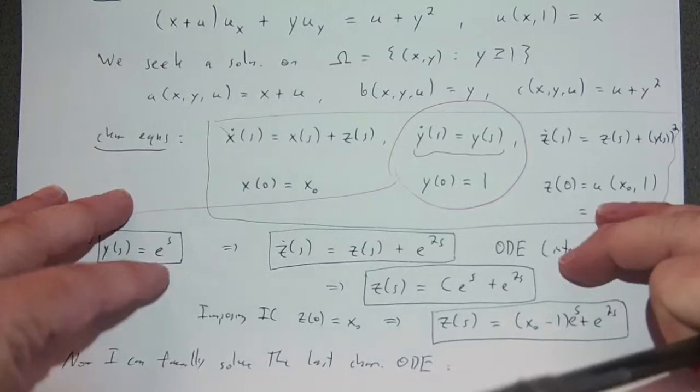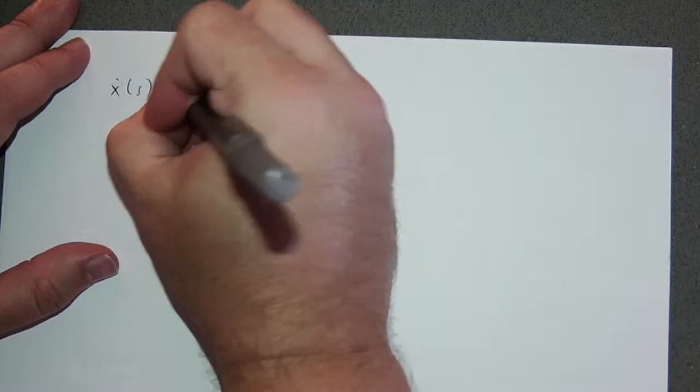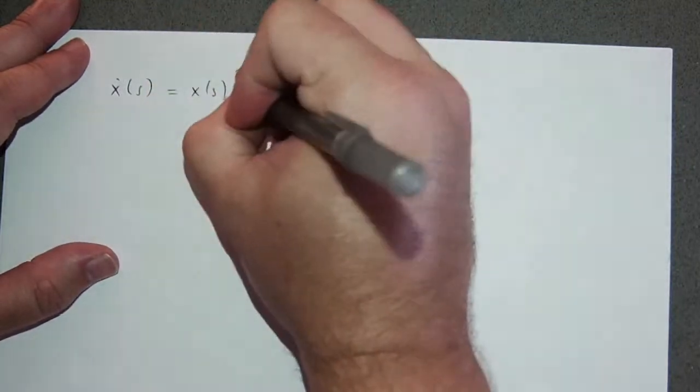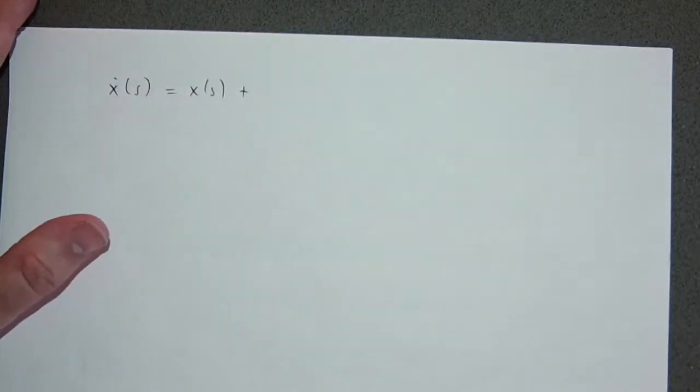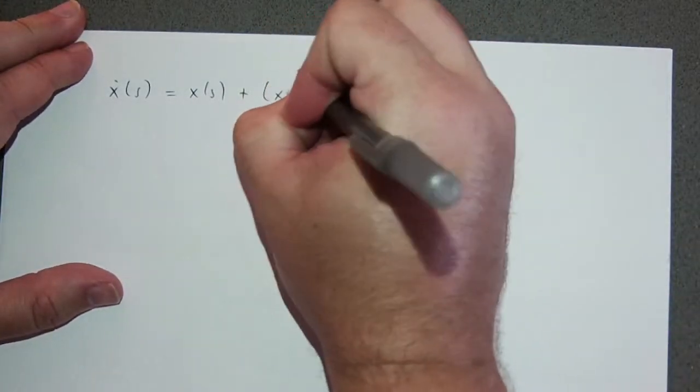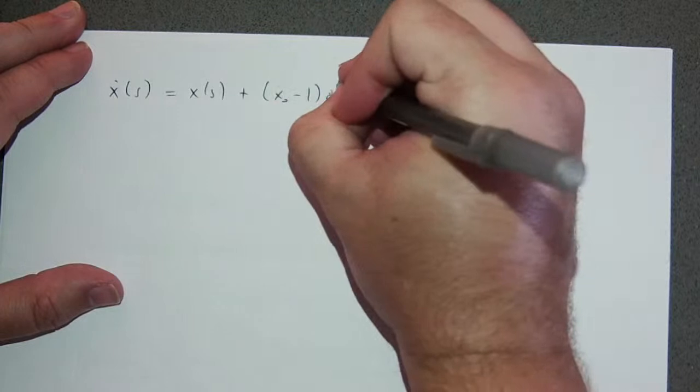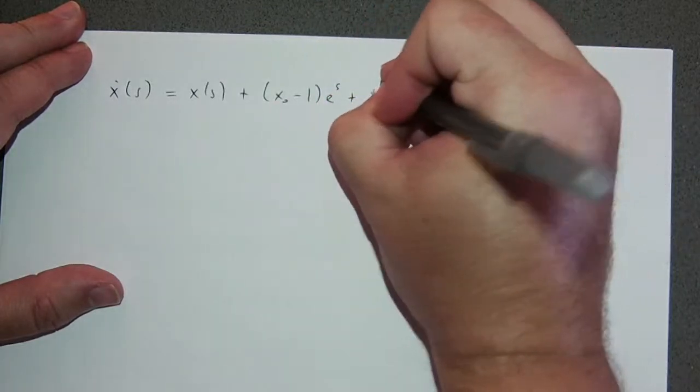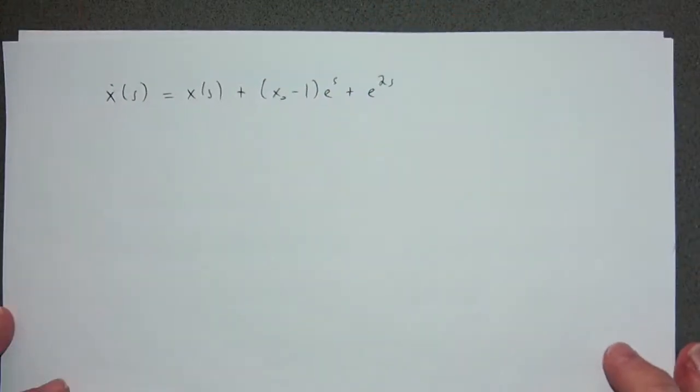So x dot of s is equal to x of s plus z of s, which we just found to be x naught minus 1 e to the s plus e to the 2s.